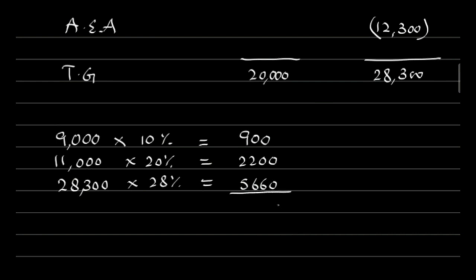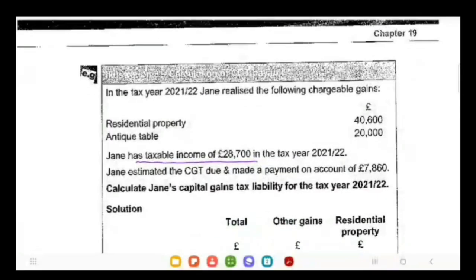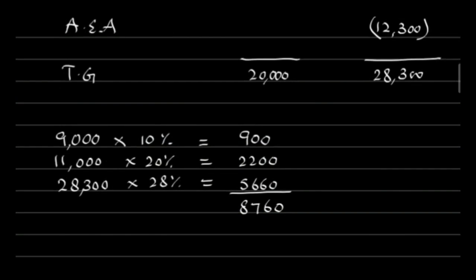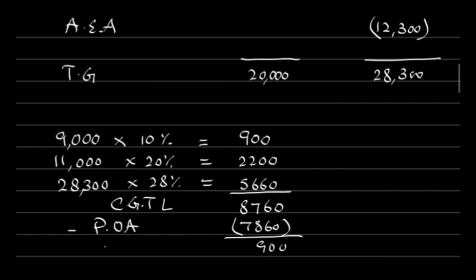So the total tax liability would be 8,760, and out of this we have to deduct the amount of payment on account, which is 7,860, and when we deduct the payment on account from the capital gains tax liability, the remaining 900 is the tax payable.